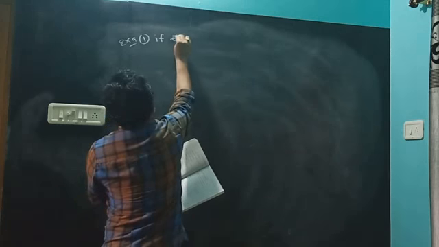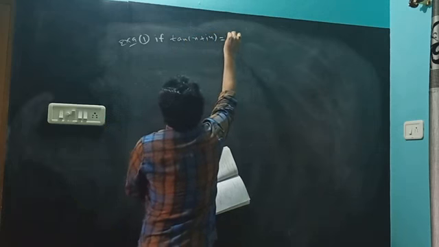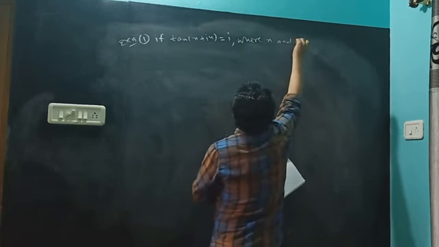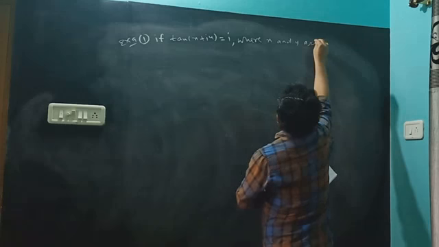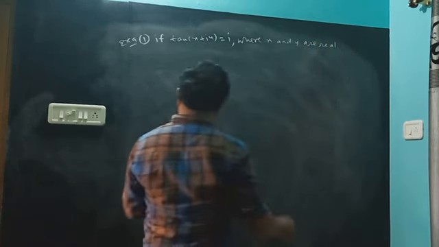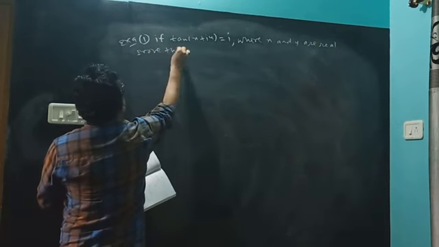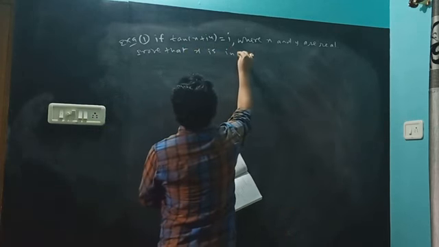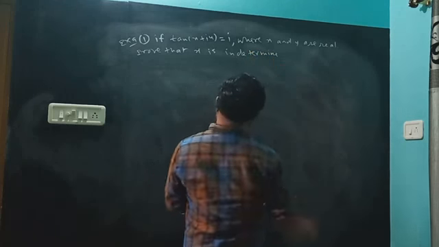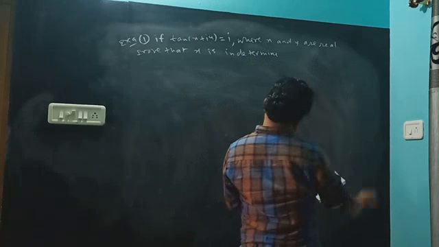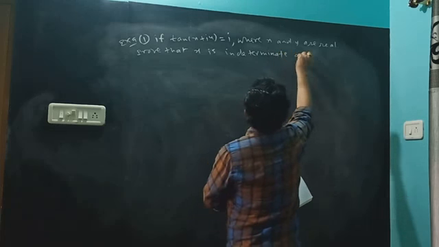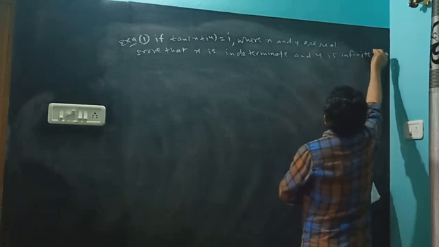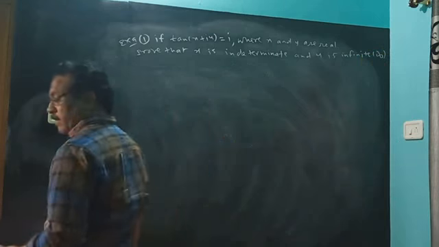If tan of x plus iy is I, where x and y are real, then prove that x is indeterminate, not determined, and y is infinity.